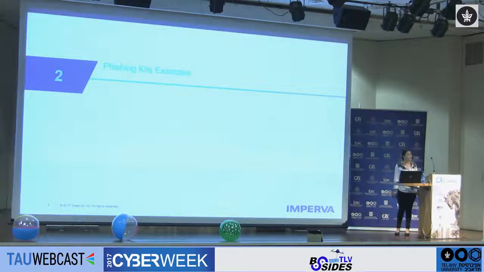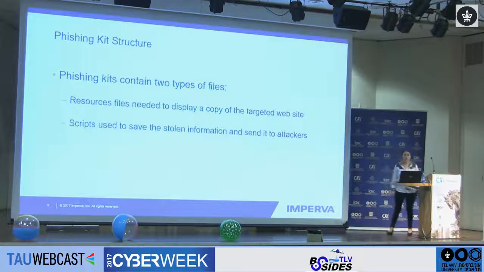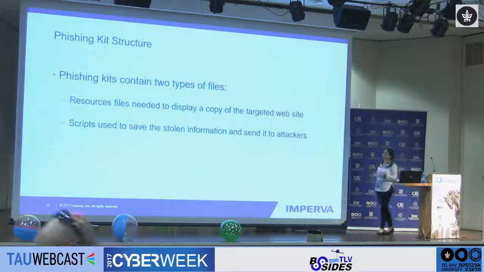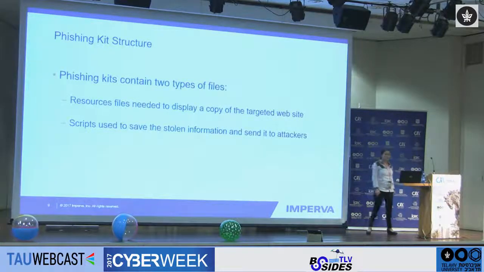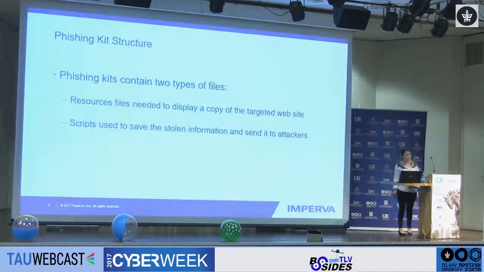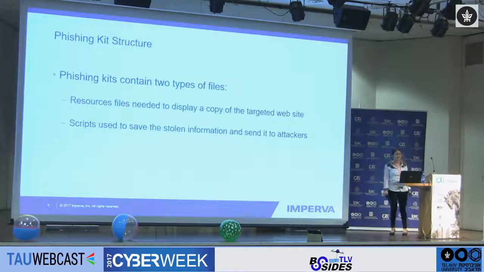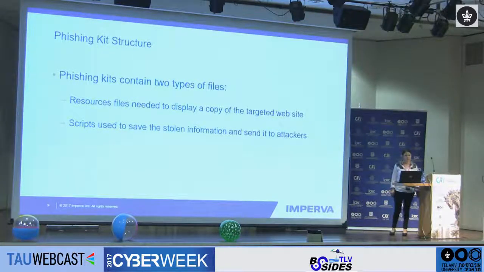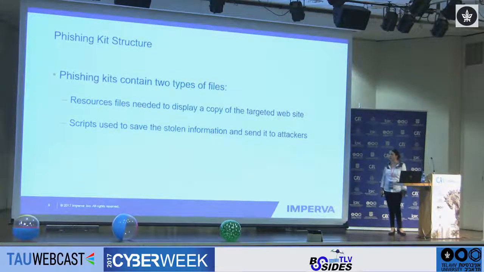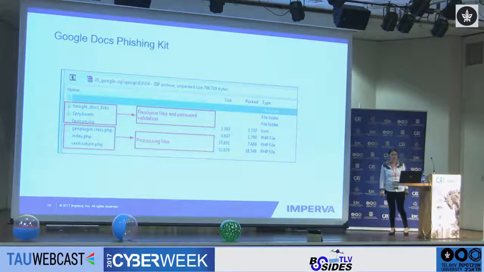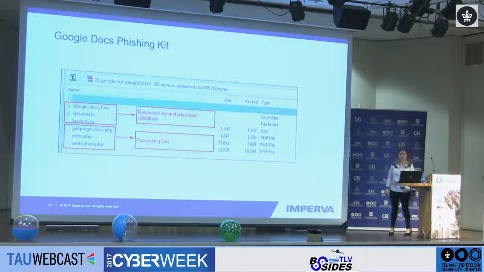Now I will show the structure of phishing kits and an example of a Google Doc phishing kit. The phishing kit contained two types of files: resource files, which are needed to display a copy of the target website, and processing scripts, which are used to save and send the stolen data to the attackers. The following is an example of a common Google Doc kit, which is about 15% of our collection of kits.